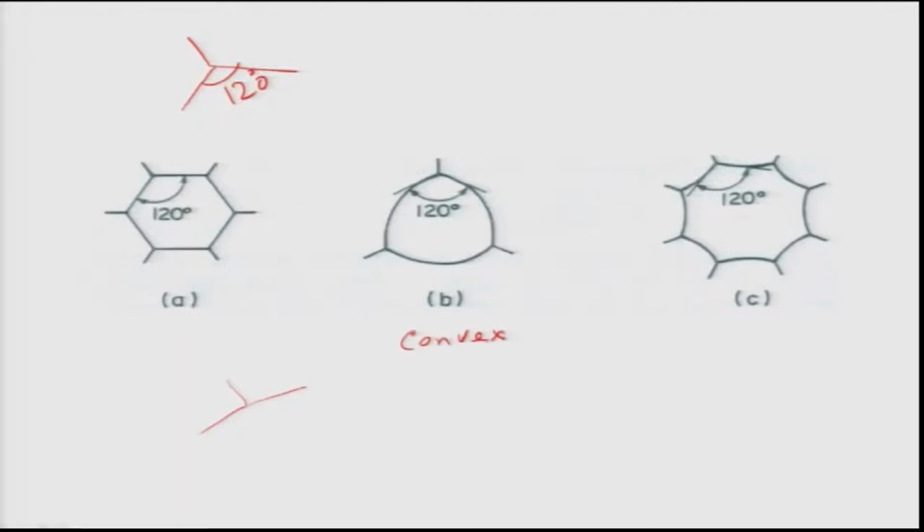But when the number of sides is more than 6, the 120 degree angle can still be maintained, again by making the boundaries curved, but the boundaries will become concave, you can see that. So 6 is the critical number of sides a grain can have at which the equilibrium angle of 120 degrees can be maintained.